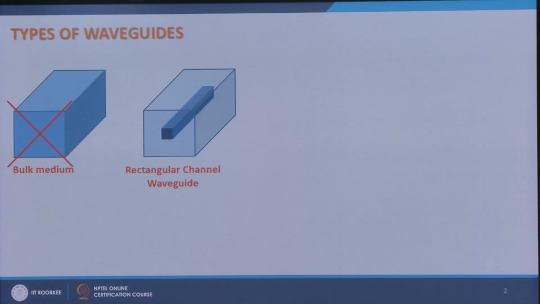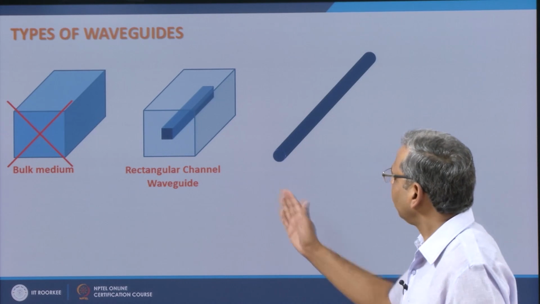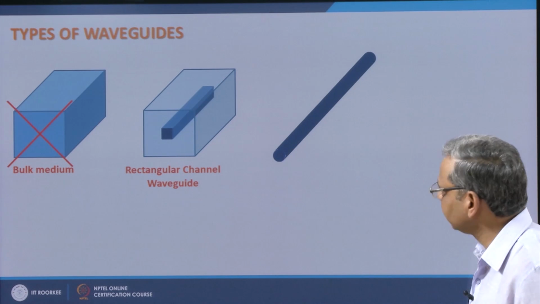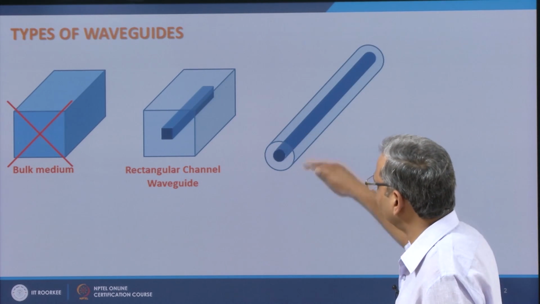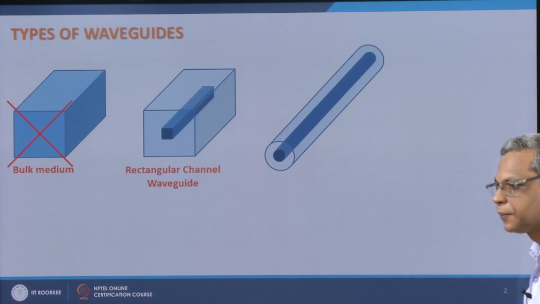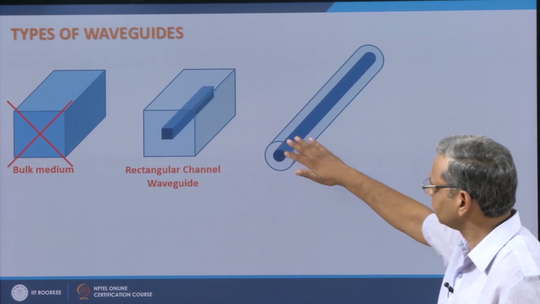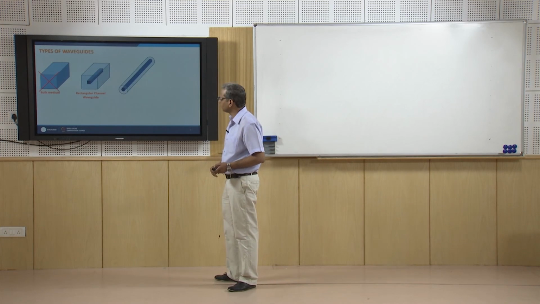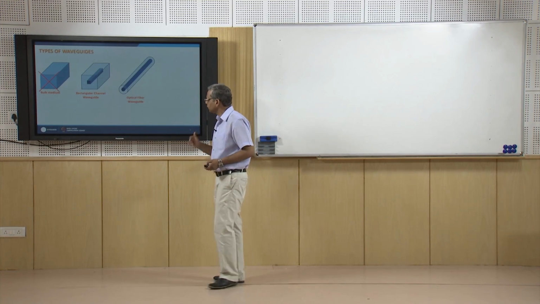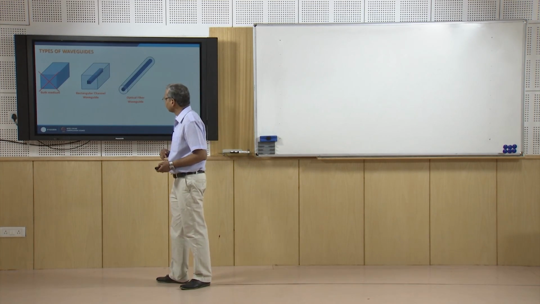This is a rectangular channel waveguide. I can have this channel in the form of a cylinder, a high refractive index cylinder which is surrounded by a lower refractive index medium. Again the dimensions are comparable to wavelength, and this is an optical fiber waveguide.